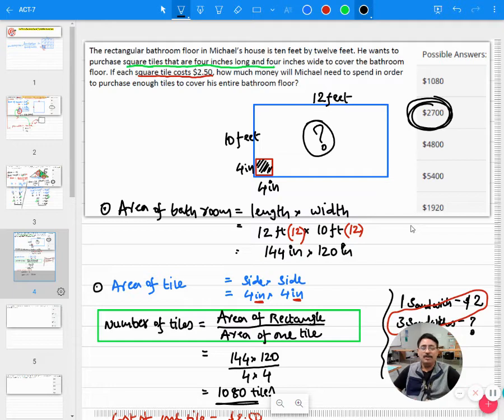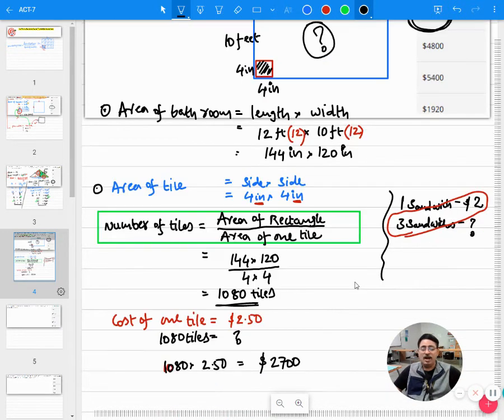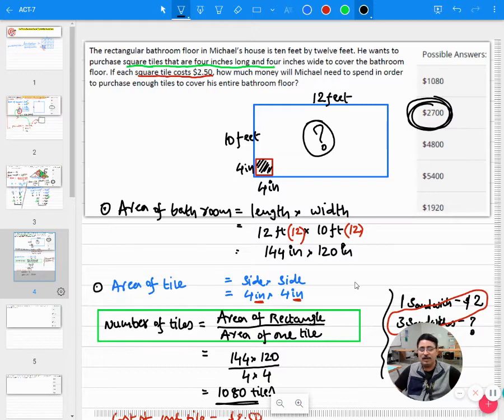Then to find the number of tiles to be paved, we take the area of the rectangle divided by the area of one tile. I just plugged in those numbers, and the cost of one tile is given $2.50, and we know that we have to buy 1080 tiles. Therefore, 1080 times 2.50 is giving me $2,700. Okay, questions on this, please, really quick.